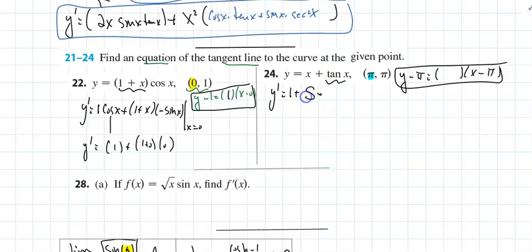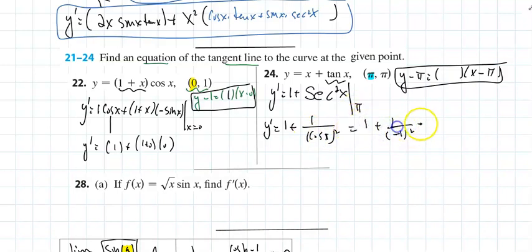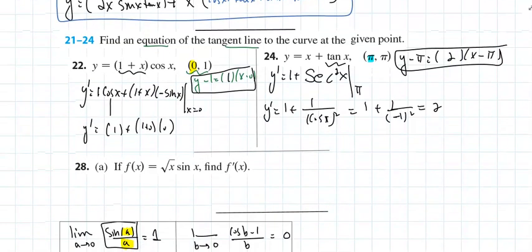Evaluated at pi, y prime equal 1 plus 1 over the cosine of pi squared. That is 1 plus 1 over negative 1 squared. So that's actually a 2. There it is. And that's pretty much what the whole section is about.